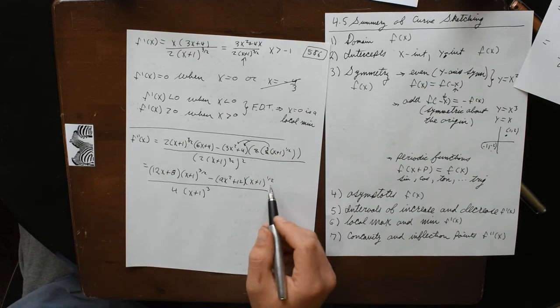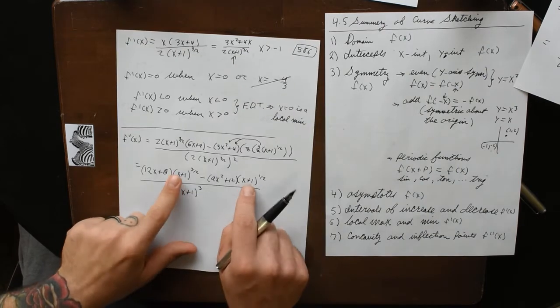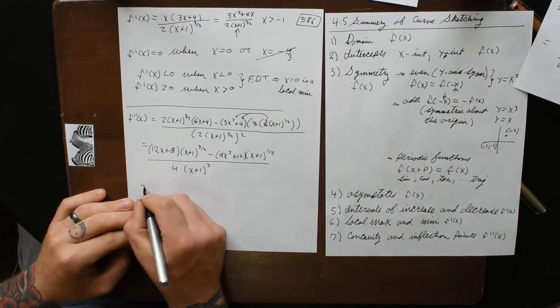So we've got an (x plus 1) to the 1 half here, we've got this fractional exponent over here. We're going to factor out an (x plus 1) to the 1 half from the numerator.